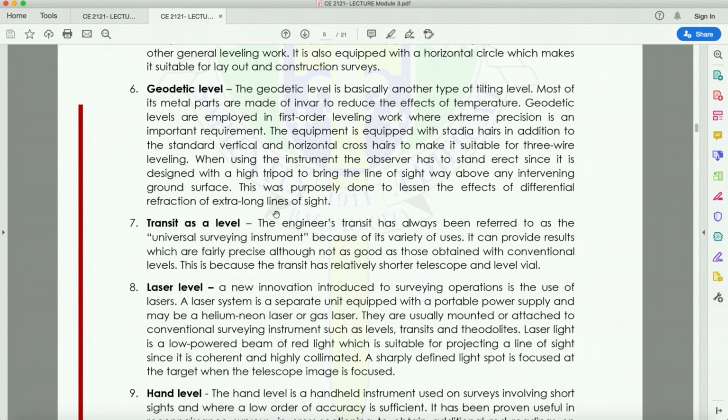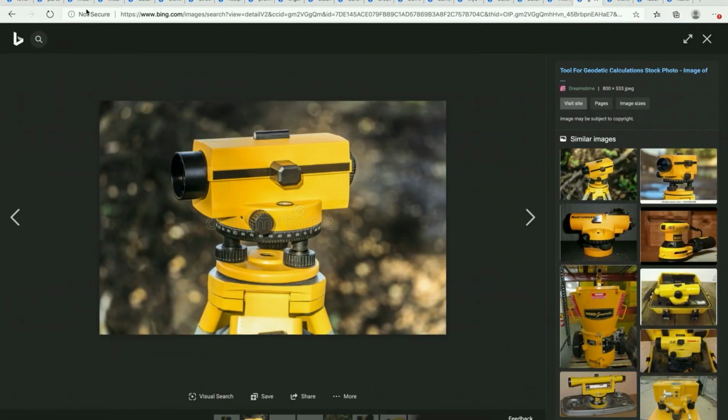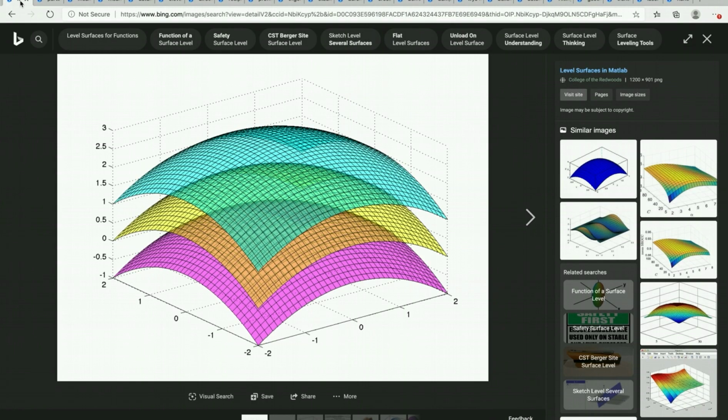By the way, what is refraction? Isn't it that the Earth's surface is not horizontal? It is somewhat ellipsoid. The shape of the Earth is almost a circle, but it is not a circle.